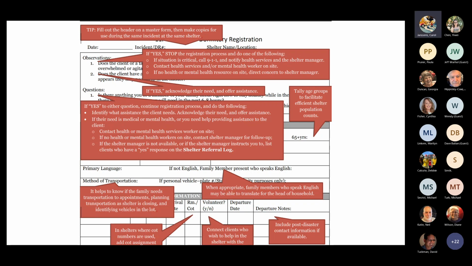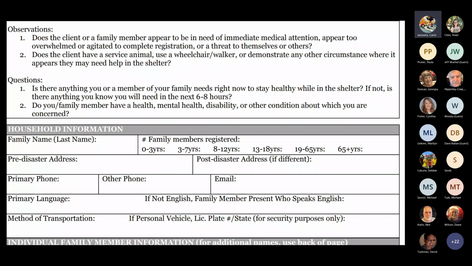This is the shelter registration form to start with. The person name at the top, if you can see my arrow here, is the head of household. We usually only put their name there. We'll put the rest of the household below, and the household does not have to be a typical family.